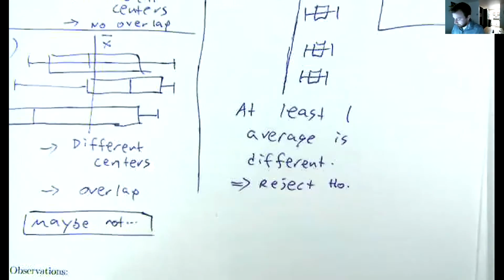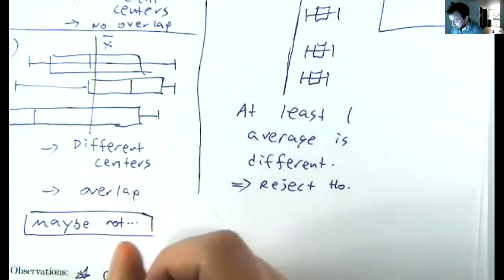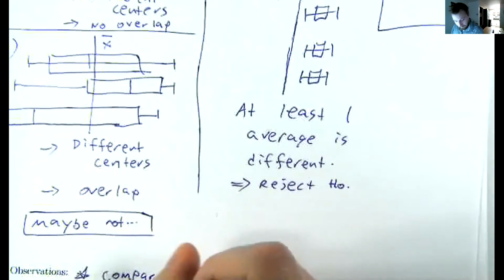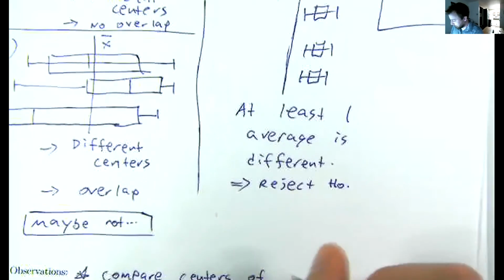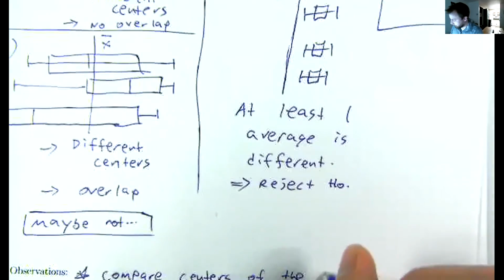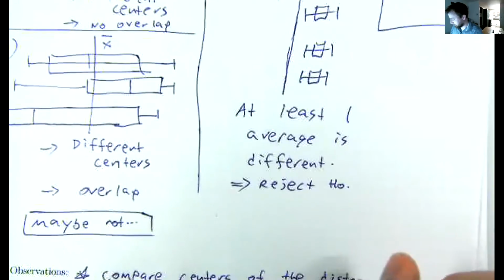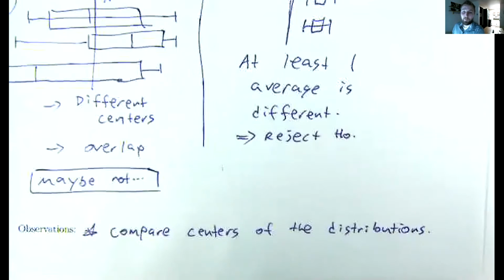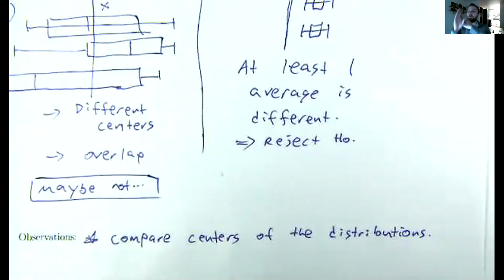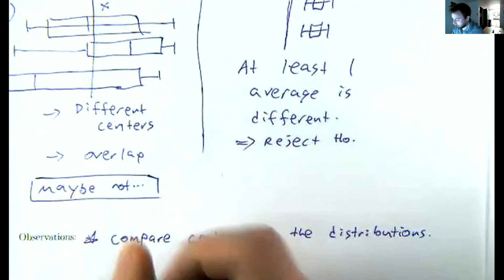First observation, we need to compare the centers of the distributions. If all of my boxes line up perfectly in the middle, there's no reason to do a test. I don't have evidence of a difference. So I have to have different centers for me to have a reason to even want to analyze this thing in the first place.